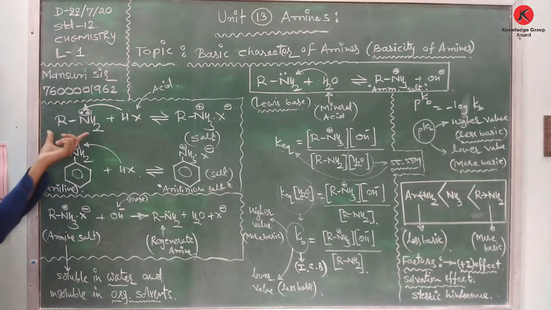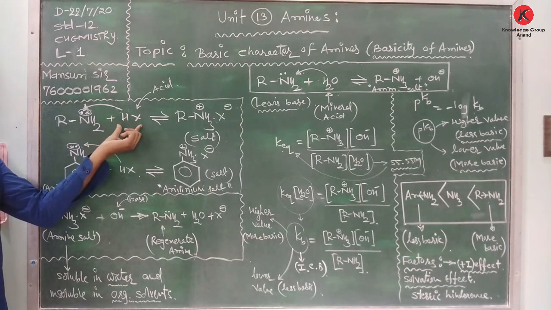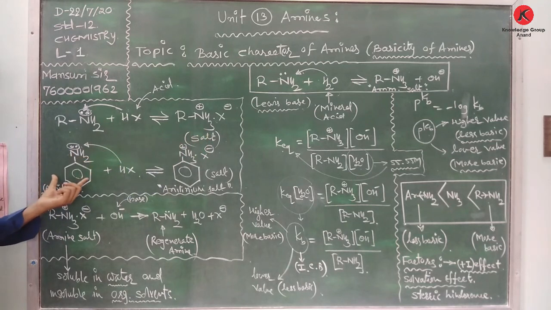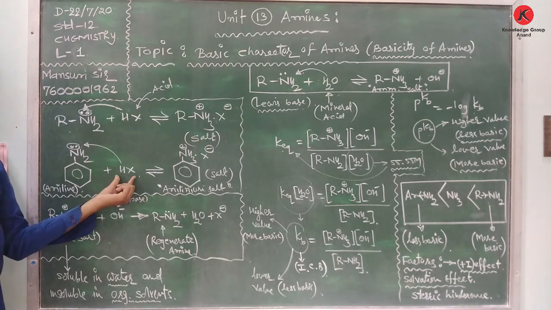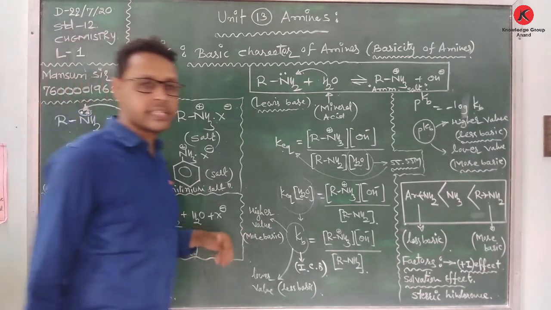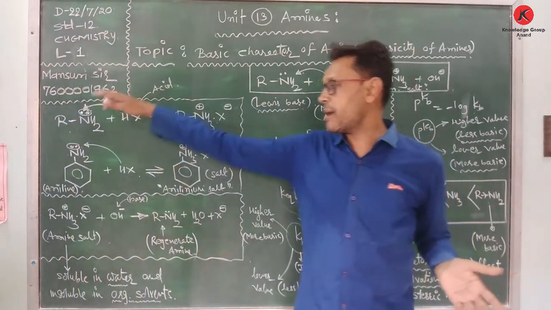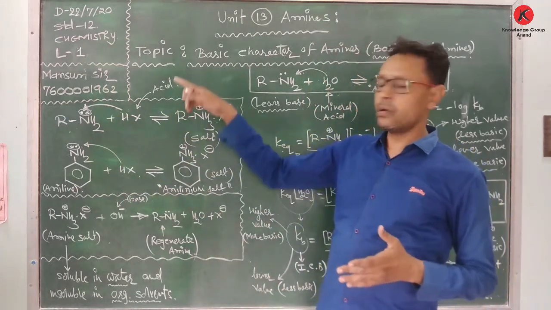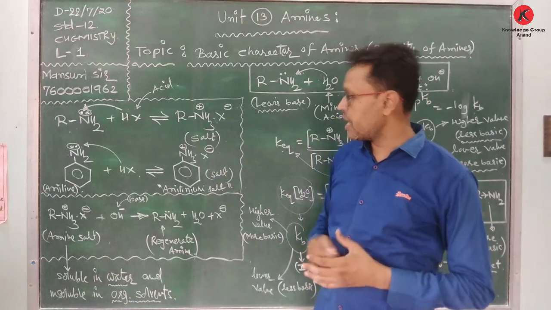So amine reacts with acid and forms ammonium salt. Thereafter aniline reacts with HX and forms anilinium salt. By both these reactions we can say that amines are basic in nature.